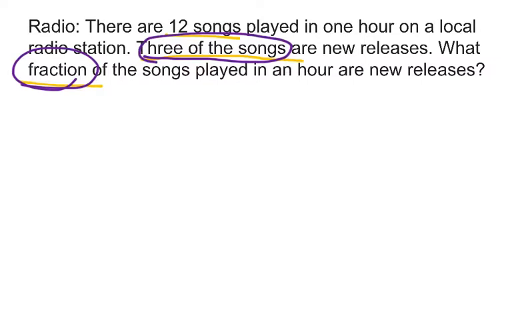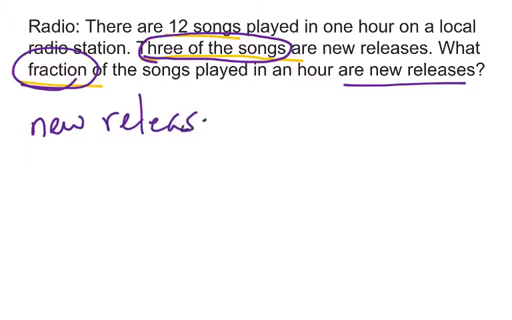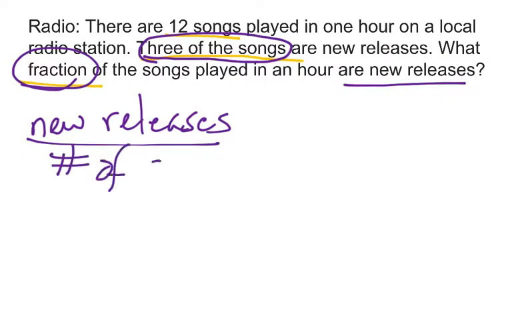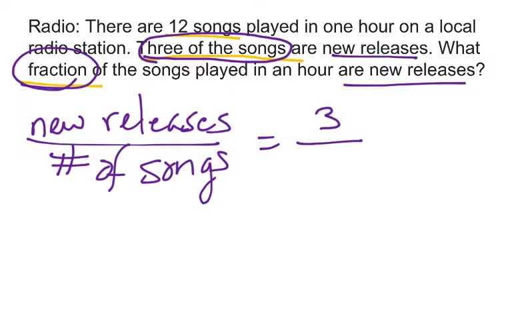So we need the number of new releases, so that's our numerator, over the number of songs. So we already know the new releases. That number is 3. And the total number of songs played in an hour are 12.